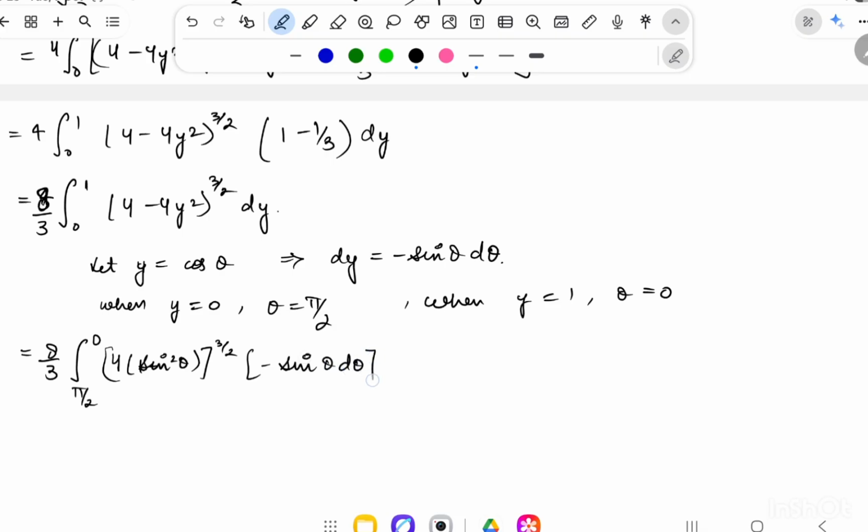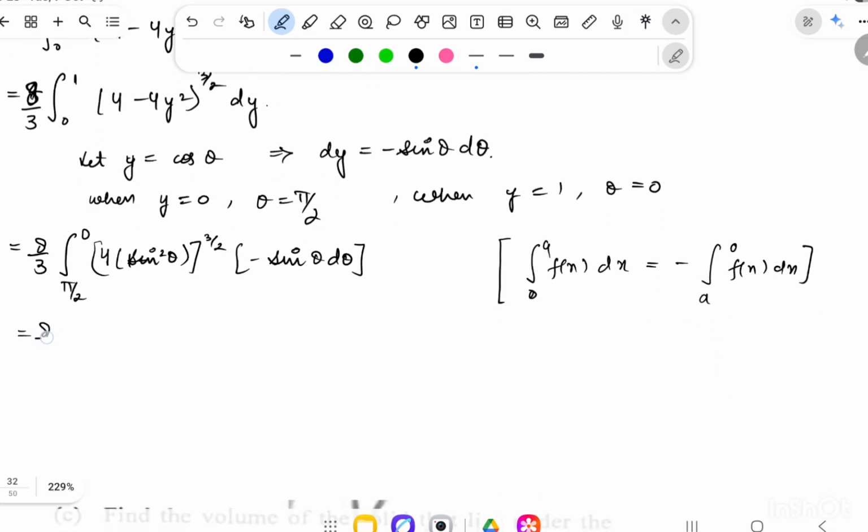And we know the property of definite integrals which states that the integral from 0 to a of f(x) dx is the same as minus the integration from a to 0 of f(x) dx. So using this property, this results in 8 by 3 integration from 0 to pi by 2, 2 cube, and it will be sin theta raised 4 d theta.